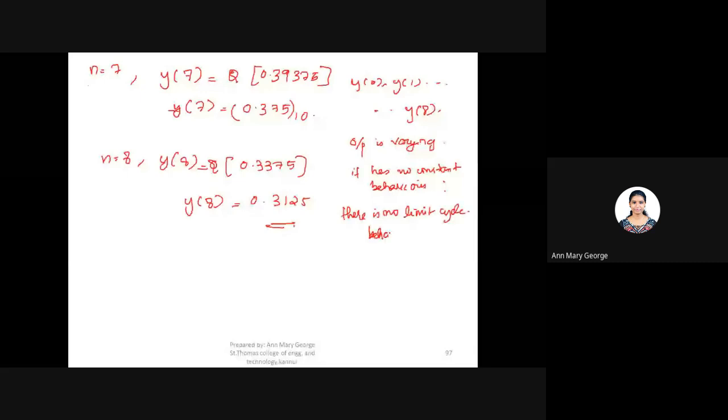Okay, that means that the dead band does not exist, because all values of y of n, from y of 0 to y of 8, have varying values. There is no constant value. Therefore there is no dead band occurrence.